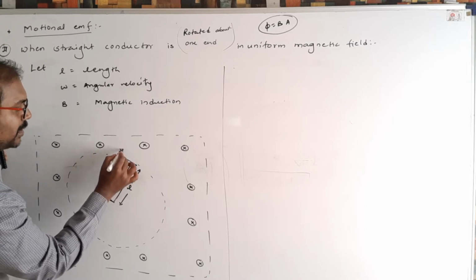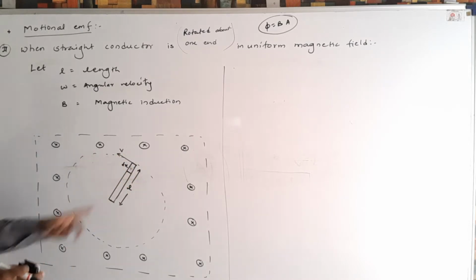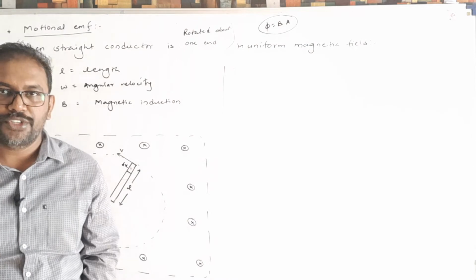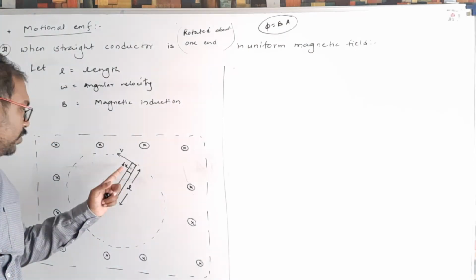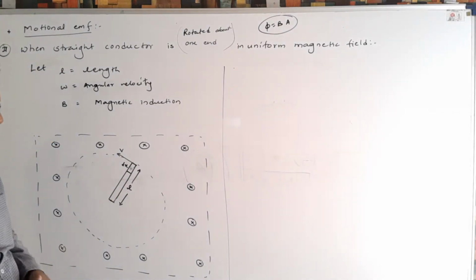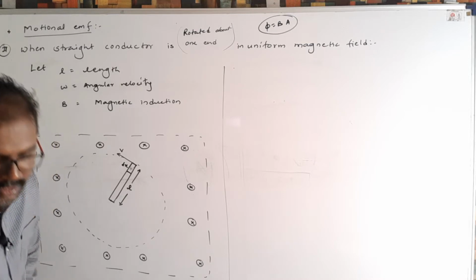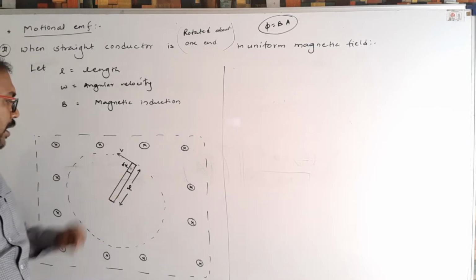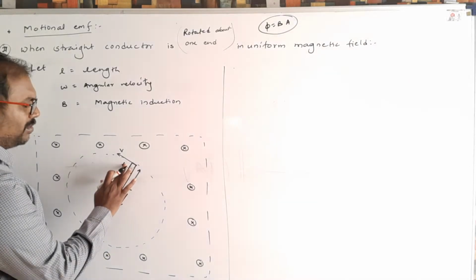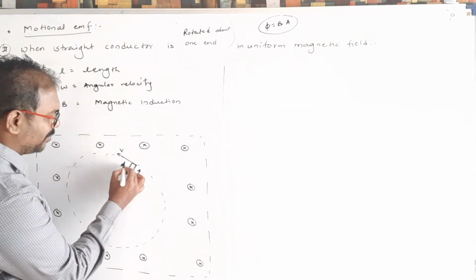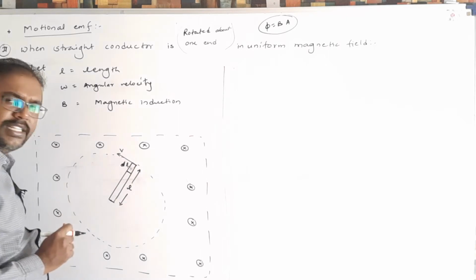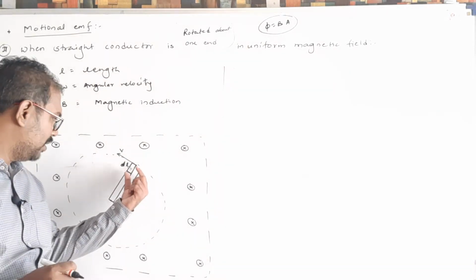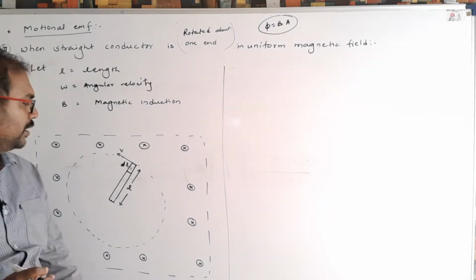The velocity of this part is v. You know that in circular motion the velocity is tangential. First we consider the EMF induced in this dx part, or I can write dr or dl. I write dl here, a small length element of this conductor.